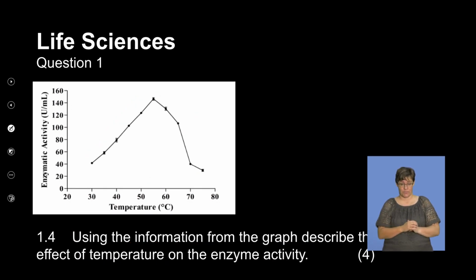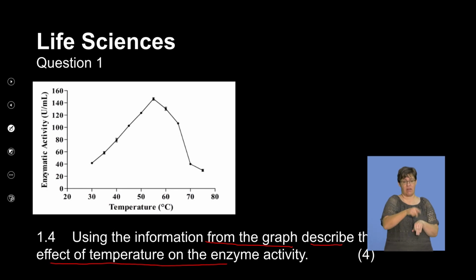The next question, 1.4. Using the information from the graph, describe the effect of temperature on the enzyme activity. More importantly, look at the mark allocation for this. So what does this mean? We've got to now use the information from the graph to describe the effect of temperature.